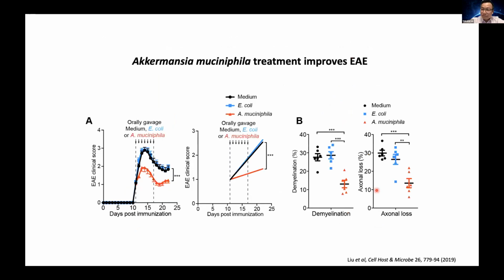So it seems miR30 increased Akkermansia, and through this changes the phenotype of EAE. So the next question is, does Akkermansia really improve EAE? Then we did the experiment: we induced EAE and then treated these mice with Akkermansia. We found that Akkermansia does reduce the severity of the disease.